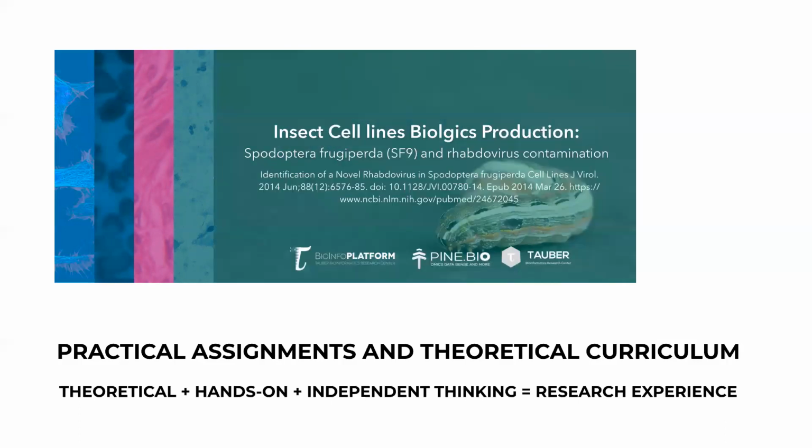But we do have a lot of other types of projects that are either in the works or already available. For any of these projects, you can feel free to reach out to us and we'll guide you on how to find the data if it's not publicly available on the site yet. For example, we have a project for biologics production using Spodoptera frugiperda and rhabdovirus contamination, an interesting project in the context of biotechnology and production of biologics.